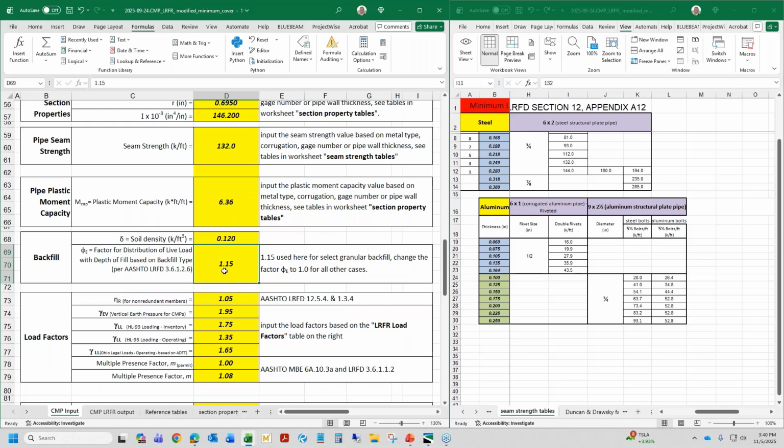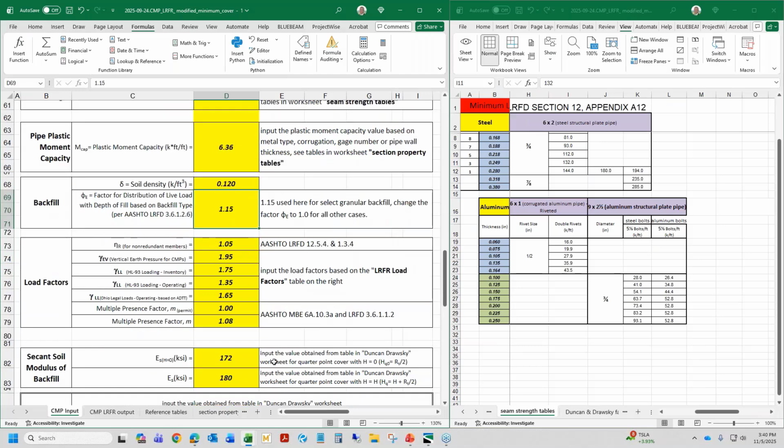It's actually slightly more conservative than what LFD would be, but it allows us to minimize the interaction of different wheel groups during shallow cover conditions.